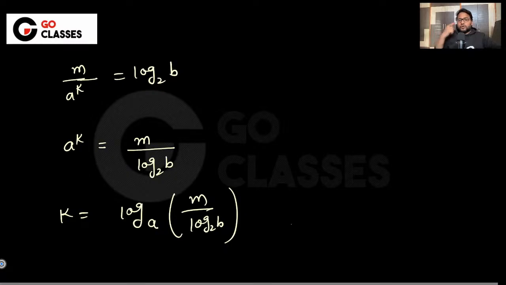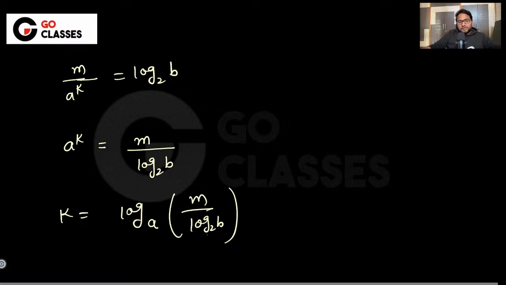This is going to be the k. Let me know if that is okay. A power k will be m upon log base 2 b, and we are interested in the value of k.